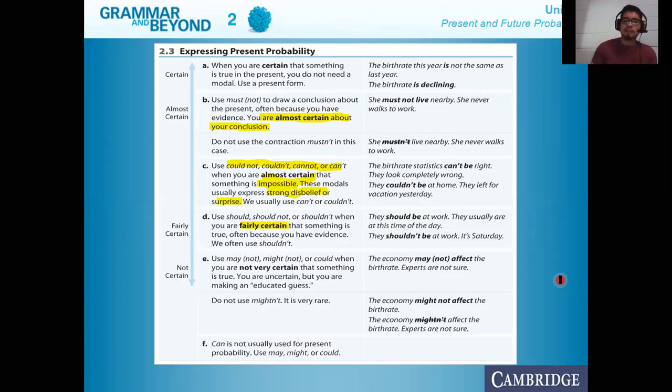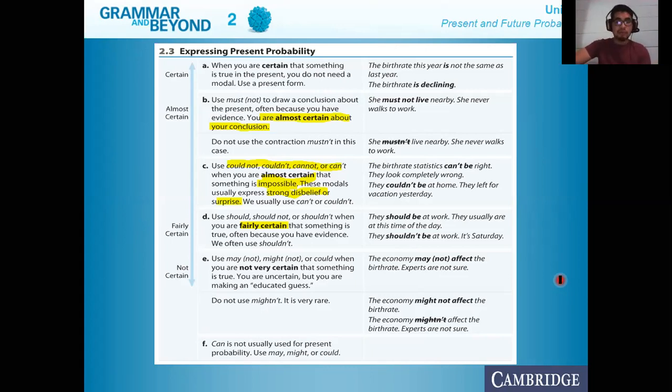Can is not usually used to express probability. Use may, might, or could. We are going to see a case in which we use can, on letter C: that is can't, when you're almost certain. But can in the affirmative form is not used for talking about probabilities.